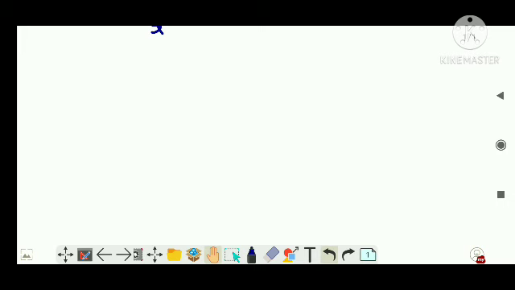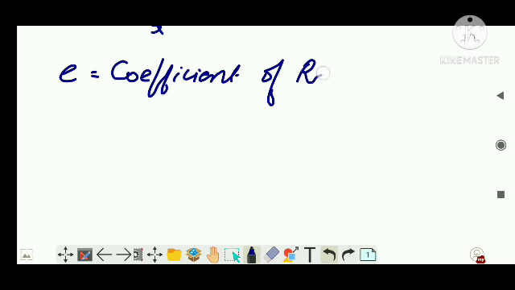Okay, now the next section which I'm going to take, you can see that in your essay. Again, this is purely a NEET or JEE or any entrance topic, not there in your textbook, right? That is e, the coefficient of restitution.